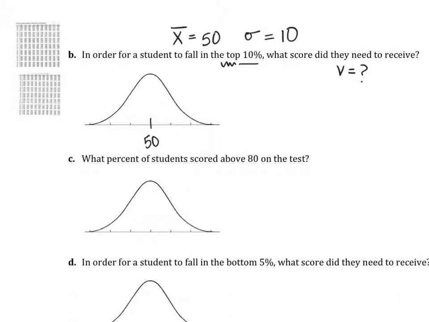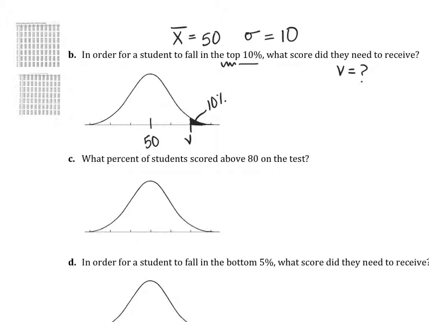So you want to estimate where you feel the top 10% is and try to be as accurate as possible, but mainly, 10% is a fairly small space on the entire curve, and make sure you are considering it's the top 10%, so you want to be shading to the right of the mean, which is 50. So if this is representing 10%, we need to calculate what would be that cutoff score that would put you in the top 10%.